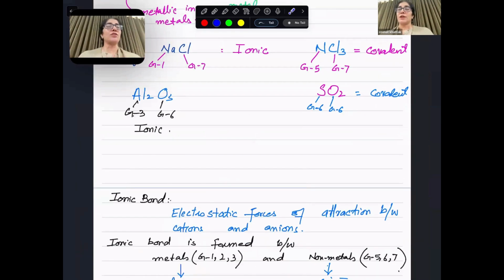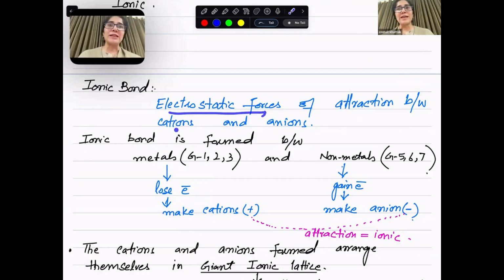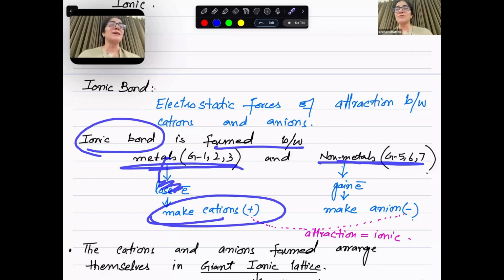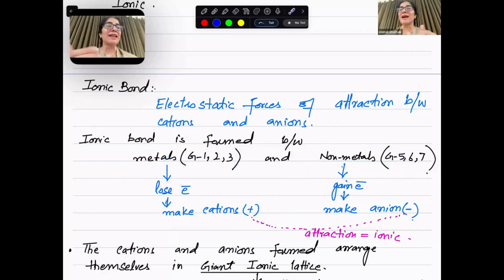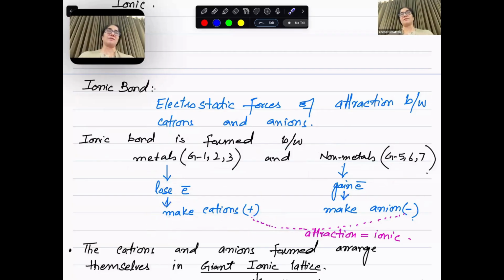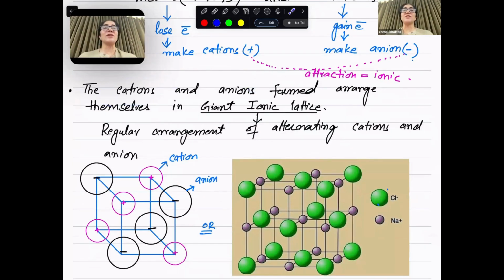Look, electrostatic forces of attraction between cations and anions. Ionic bond is formed between metals and non-metals. The metal loses electrons, making cations. The non-metal gains electrons, making anions. The cation and anion attract each other. The cations and anions arrange themselves in what? A giant ionic lattice.